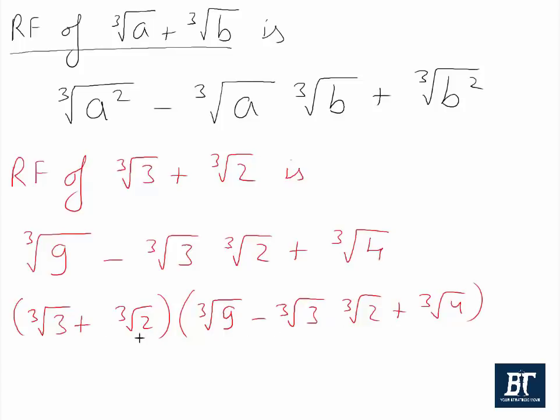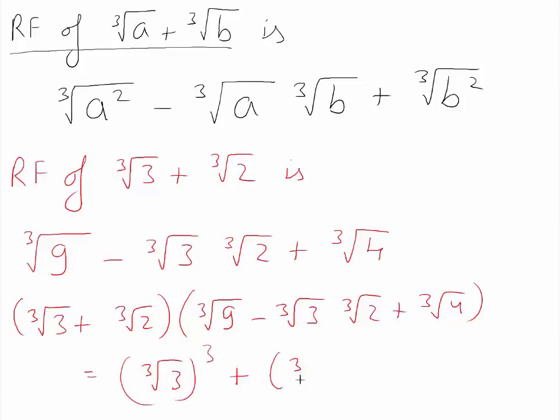So this is a plus b, a square minus ab plus b square. So you finally get a cube plus b cube. So this becomes 3 plus 2 equals 5. So this is the rationalizing factor for this one because it rationalizes these two surds. Next is conjugate.